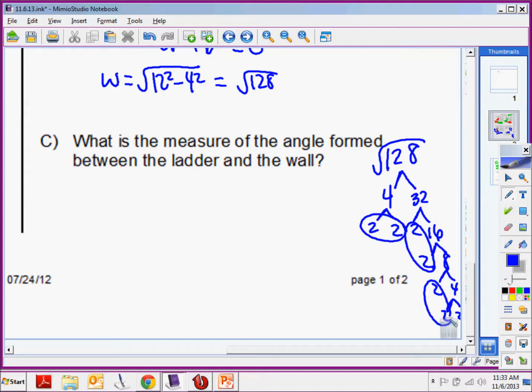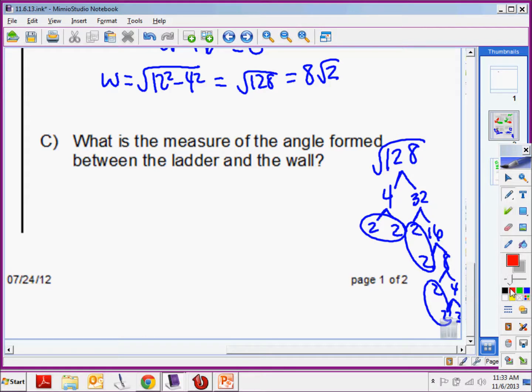What doesn't have a pair is left alone. So 2 times 2 is 4, times 2 is 8, and what was left by itself? A 2 right there. That is how you simplify radicals. We will be doing this more in January, but I just wanted to see if anyone remembered.